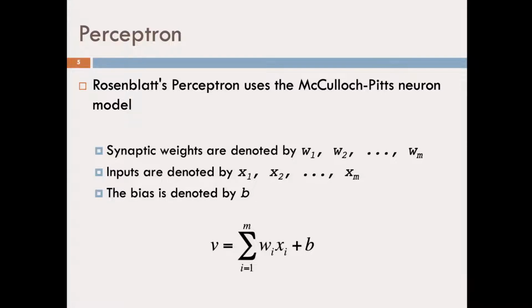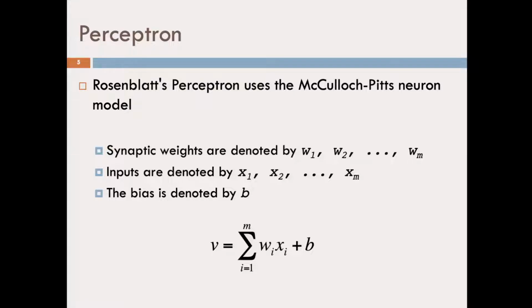Having this, we can make the mathematical formulation of the perceptron. The first thing to do is to compute a linear combination between the inputs and the weights associated to each input. Have in mind that X is a vector with n positions, and W is a vector also with n positions.